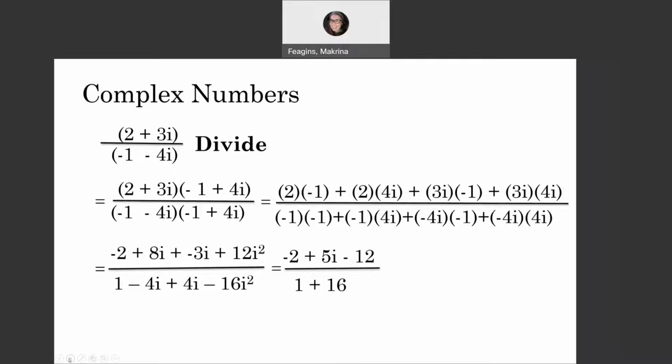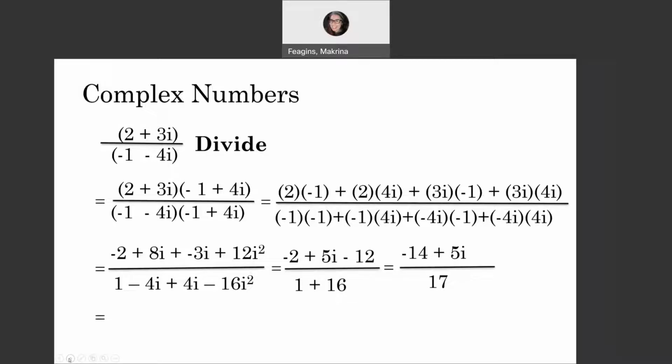We end up with a negative 2 plus 5i and a negative 12. The i squared is negative 1, so when you multiply it times a positive 12, that's where the negative 12 came from. The bottom, the 4i's go away because they're additive inverses. The negative 16 i squared, once again, the i squared was a negative 1 times a negative 16 gives us a 17.